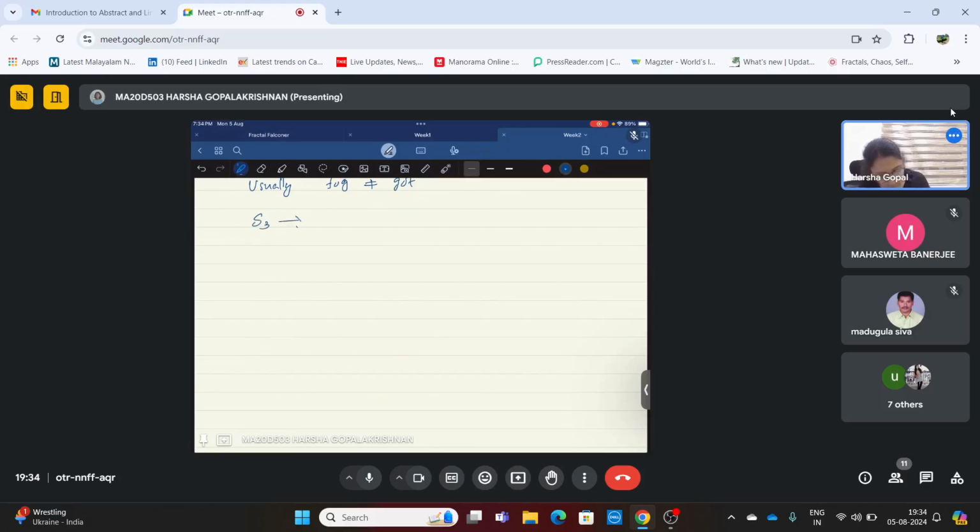I will give the S3 one first. In S3 I am considering (1 2) and (1 3). So (1 2) is a permutation, (1 3) is also a permutation. That means 1 going to 2, 2 going to 1, 3 going to 3, and 1 going to 3, 3 going to 1, 2 going to 2.